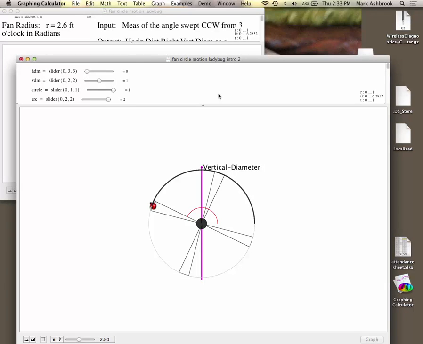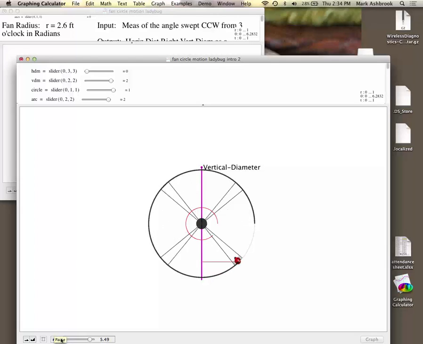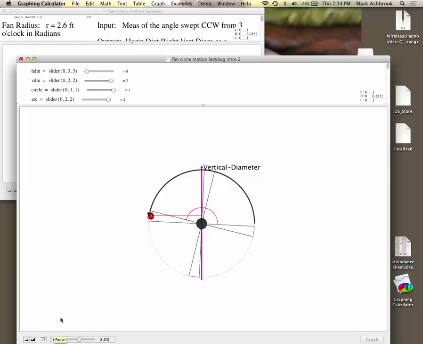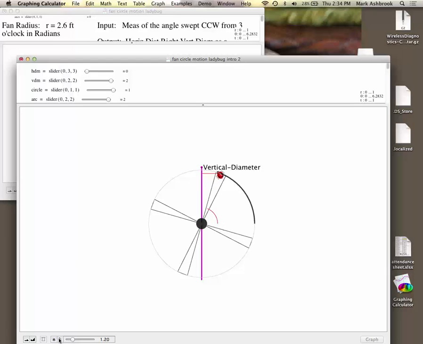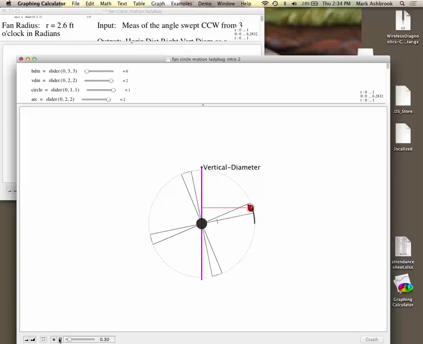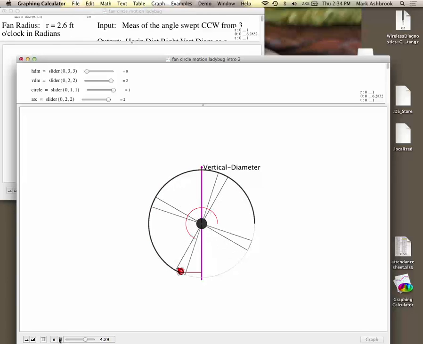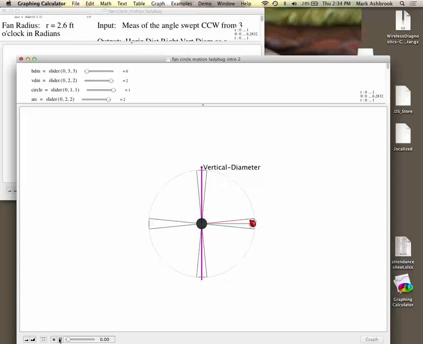We're going to need the vertical diameter, and we're going to be measuring the horizontal distance to the right of the vertical diameter. Measured in what unit? Fraction of a radius. The most it can be is 1. Where on the circle is the distance to the right of the vertical diameter equal to 1?